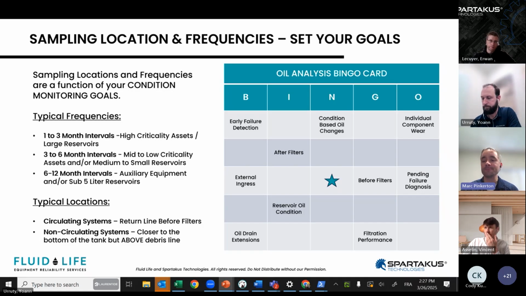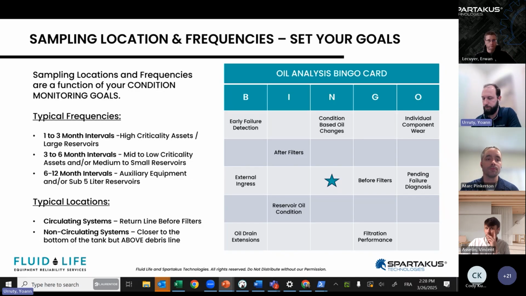So you want to get somewhere in the bottom third of the oil level, as close to the actual moving components as you can without damaging anything. But you want to stay away from that sludge line or the impurities line at the bottom there. That's not where we want to draw our sample at all.